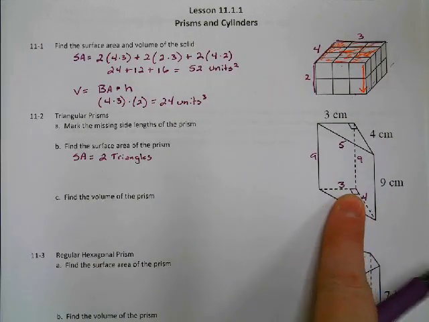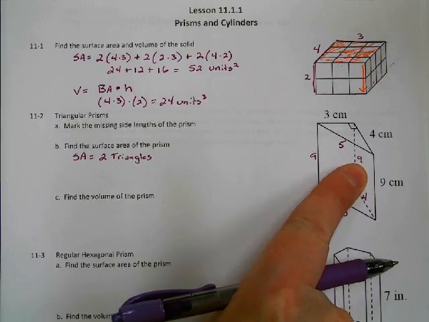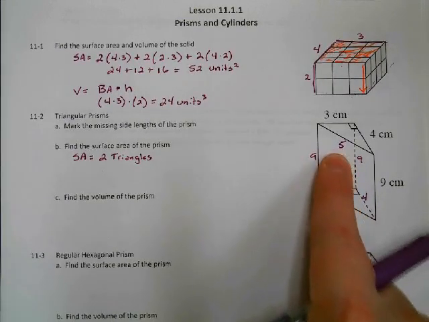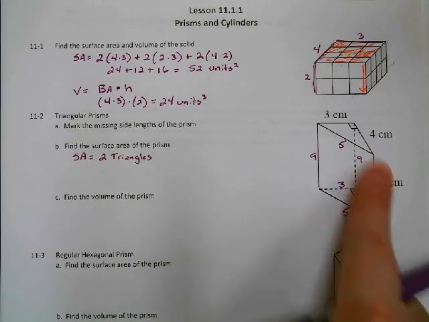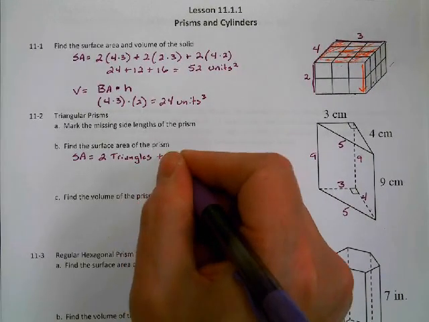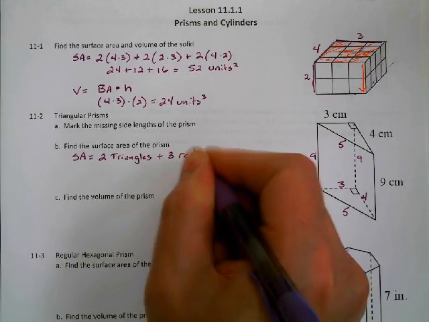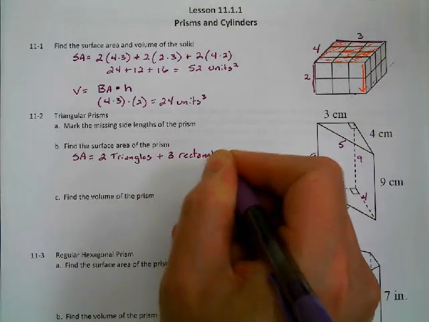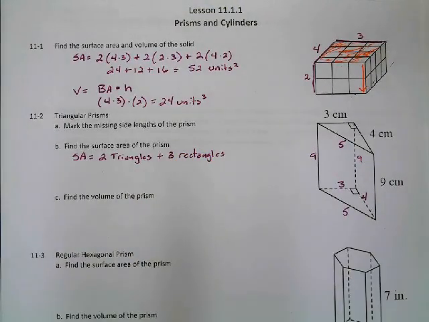And then over here on the side, I've got 1 rectangle. On the back, I've got 1 rectangle. And then this big front part is a 3rd rectangle. So that's how I'm going to find my surface area. I'm going to look at all the separate shapes that make up the outside of this prism.